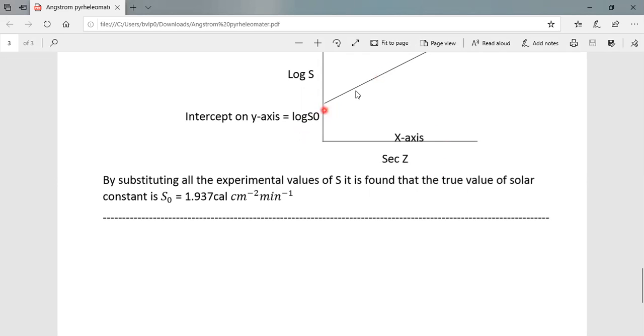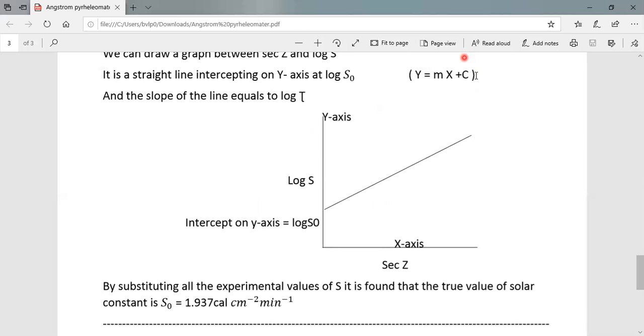And if you have the y-intercept, the log S naught value, taking the anti-log of the log S naught value will give us S naught equals 1.937 calories per centimeter square per minute. So this is how we calculate the solar constant using this Angstrom pyrheliometer.